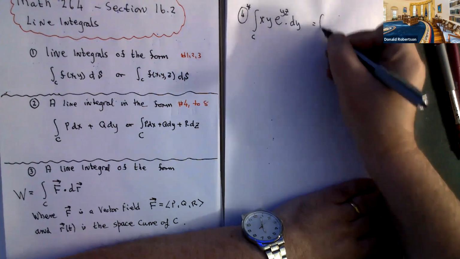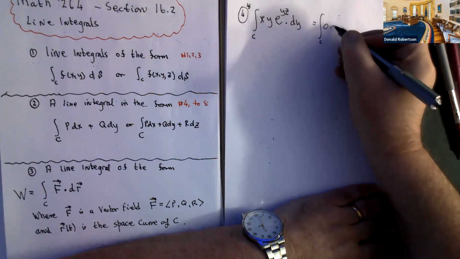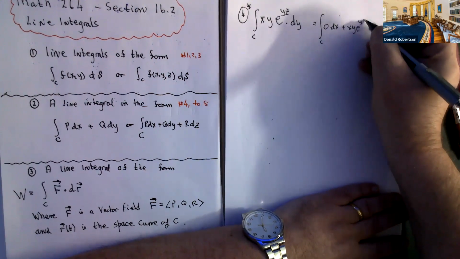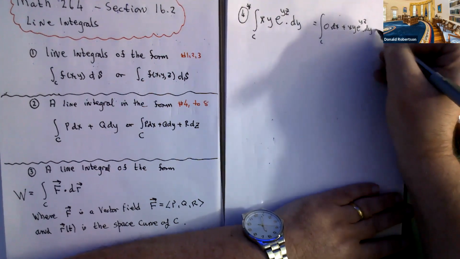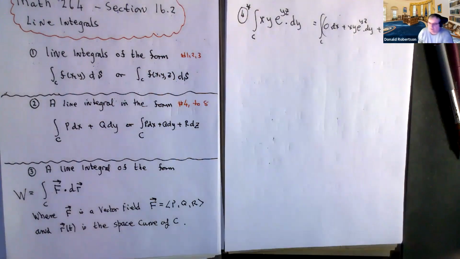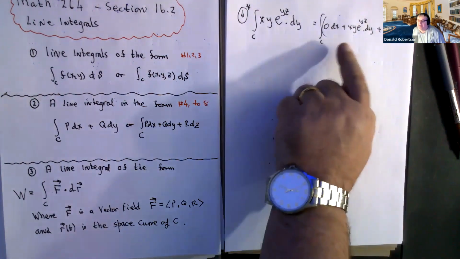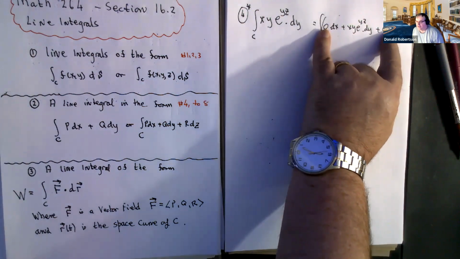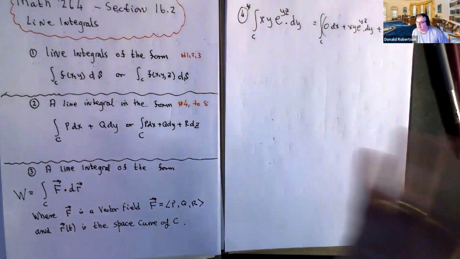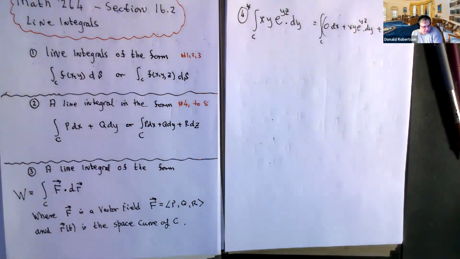Technically speaking, this is 0 dx, that guy dy, and 0 dz, because all line integrals have all the components. It might be that some of the components are zeros and therefore you don't need them, right? But they're still there. It's a bit like 1x, the 1 is still there even if you don't write it.